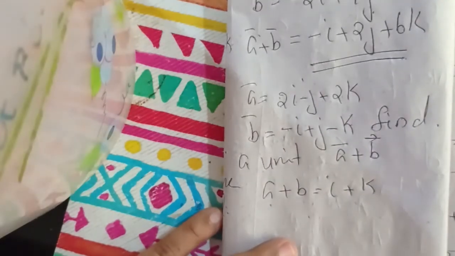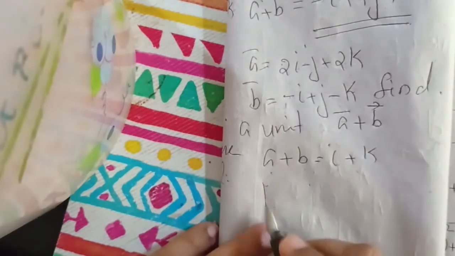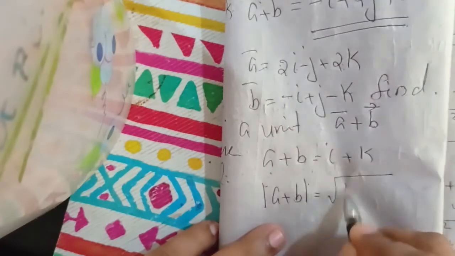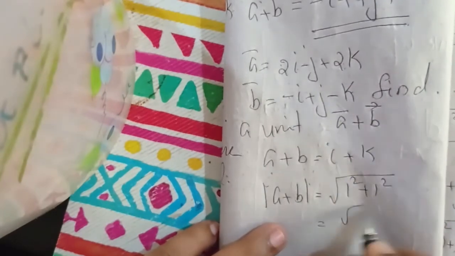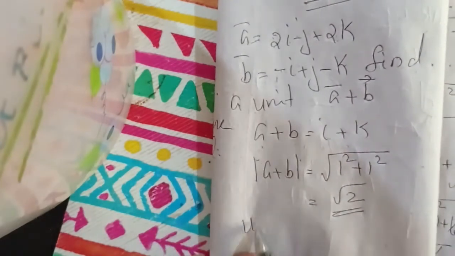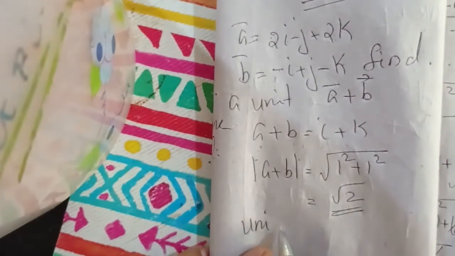Agree? Then find modulus of A plus B. What is the formula? 1 square plus 1 square, that is equal to root 2. Then what is the unit vector in the direction of A plus B?